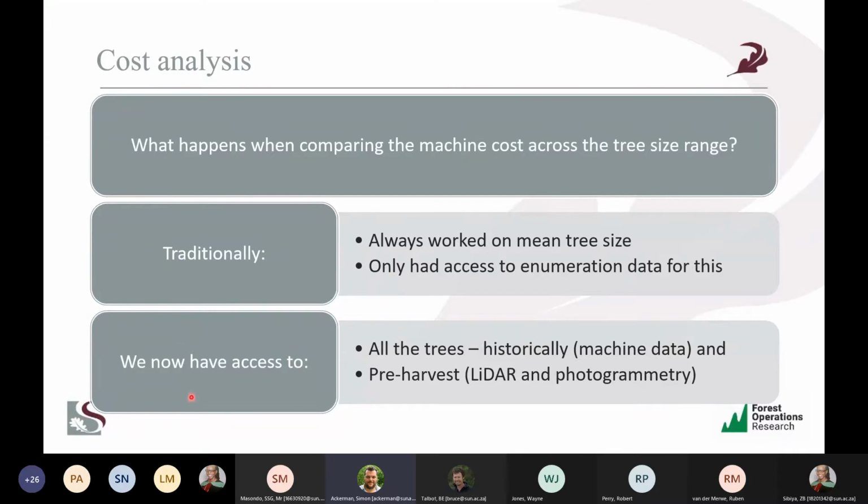But now we have access to all the trees historically, basically based on the machine data that we have. This can be for a compartment, it can be for an APO, it can be for any level of detail, as well as pre-harvest in terms of LiDAR and photogrammetry. These are new technologies that we're using to actually map and predict what we have available in terms of tree stock on our sites.